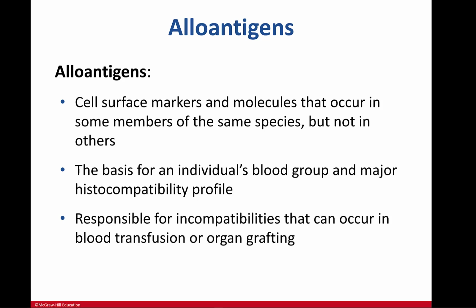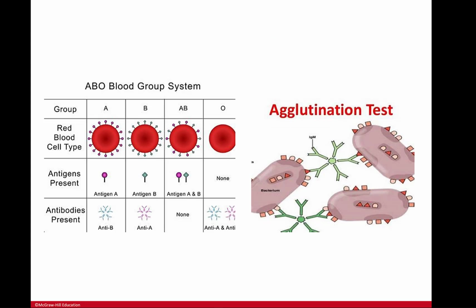Alloantigens are surface markers or molecules that occur in some members of the same species but not in others. So allo just means it's different within a group, and it's the same for the individual blood group, and I have an example for that, responsible for incompatibility. So we all know, maybe you do or don't know, I'm A positive, that's my blood type.